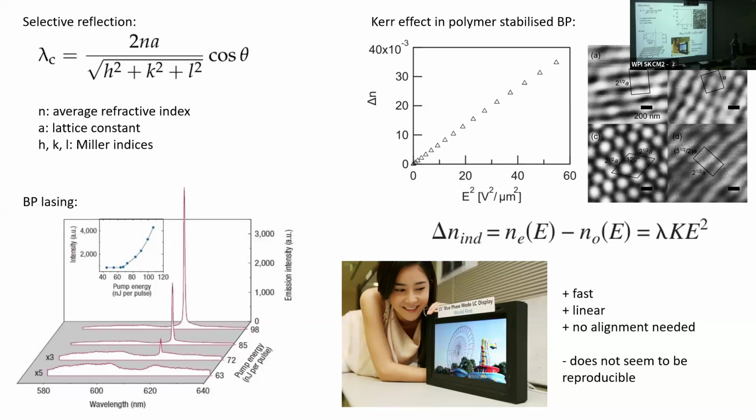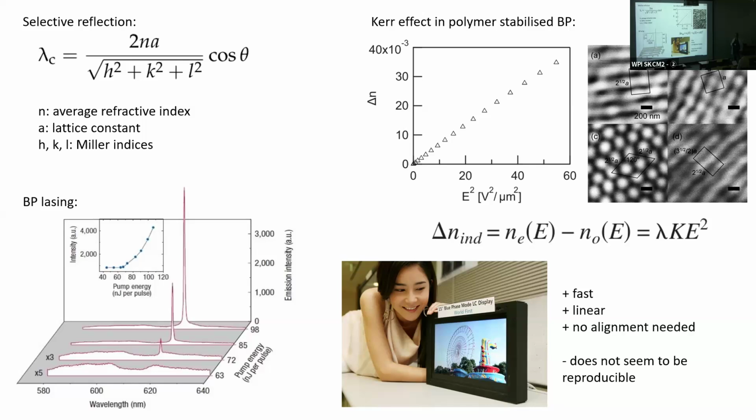You have your fluorescent background here, and that's what happens up here. This is the pump intensity or the pump energy here, and this is the laser intensity as a function of pump energy. And as you reach the threshold for the pump energy, you have lasing starting, and you have your laser line. So blue phases can be used as lasers as well.